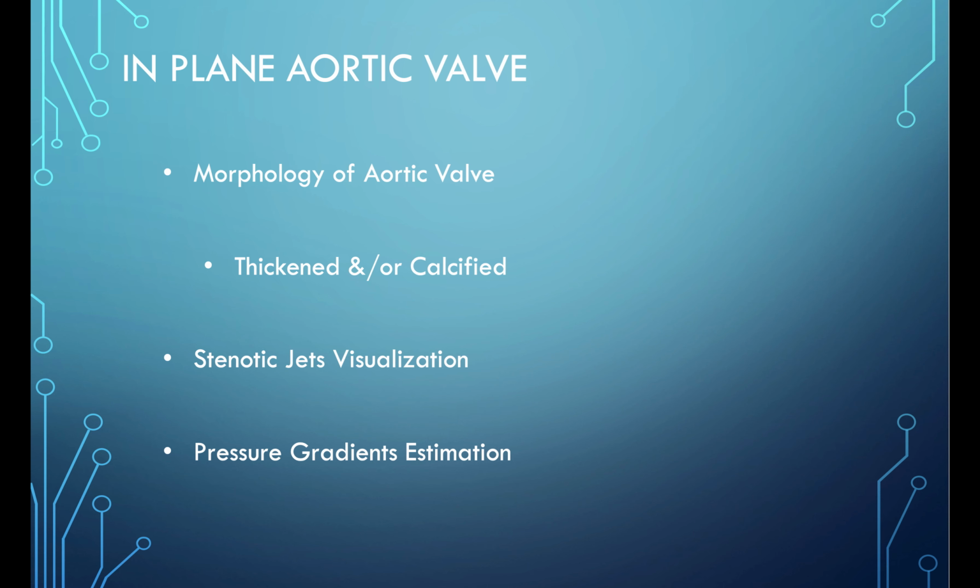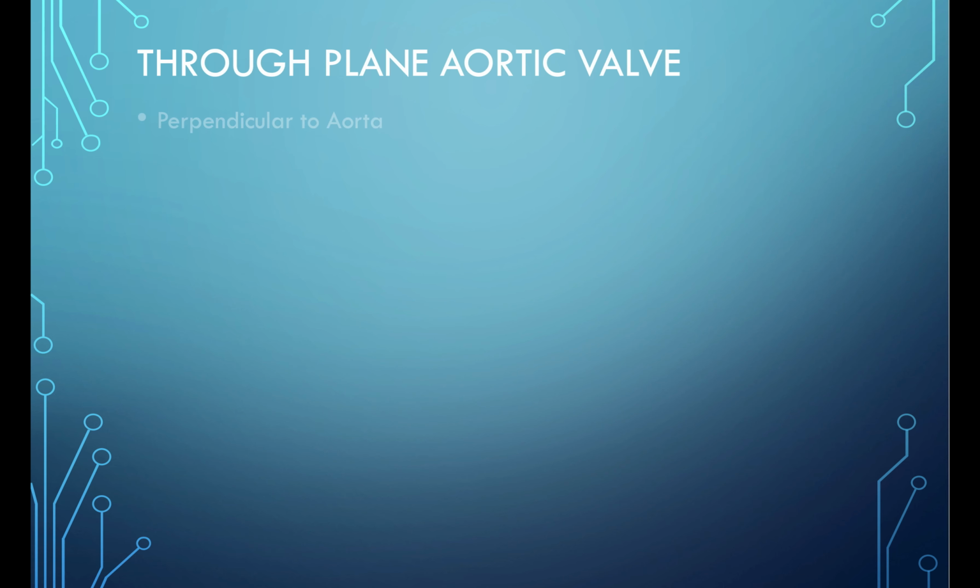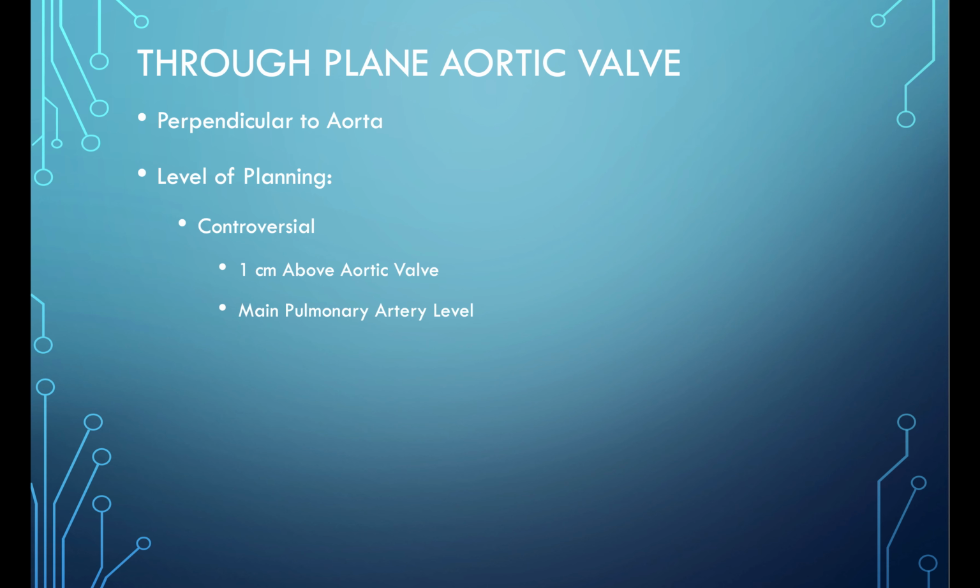An in plane can provide you with some information about the valve, the jets of the stenosis, and the velocities that we can measure. If you can measure the Vmax, then we can calculate a pressure gradient. But in MRI, those sequences are still 2D measurements, so they will not provide you with the exact Vmax. So those are the in-plane measurements.